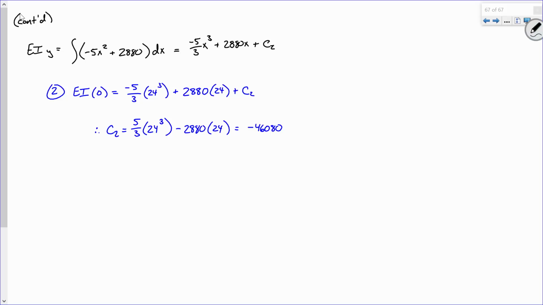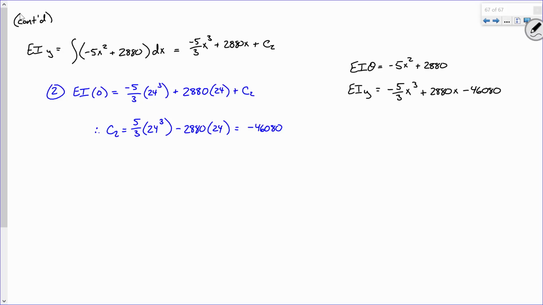So here's our functions. EI theta is minus 5x squared plus 2880. EI y is minus 5 over 3x to the third plus 2880x minus 46080.